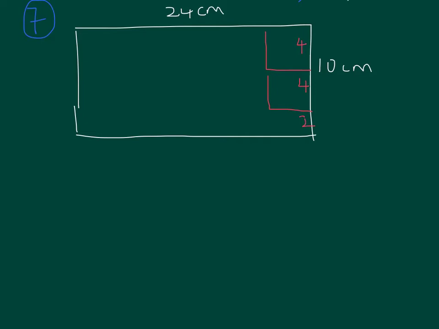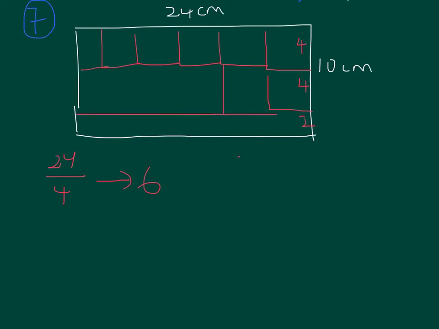On top we could have 24 divided by 4, which equals 6, so 1, 2, 3, 4, 5, 6, and then he will cut the second row. So in total he'll have 12. For question 7, the maximum number of squares he can cut would be option 2, which is answer 12.